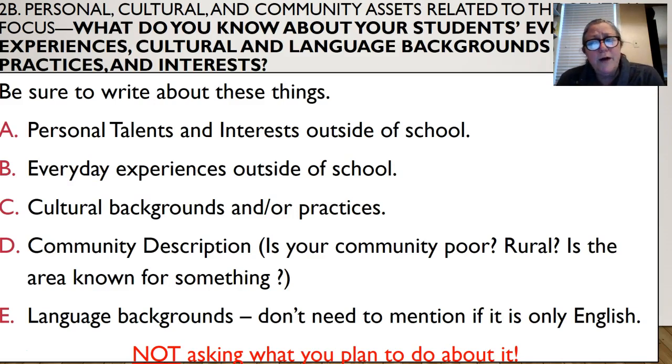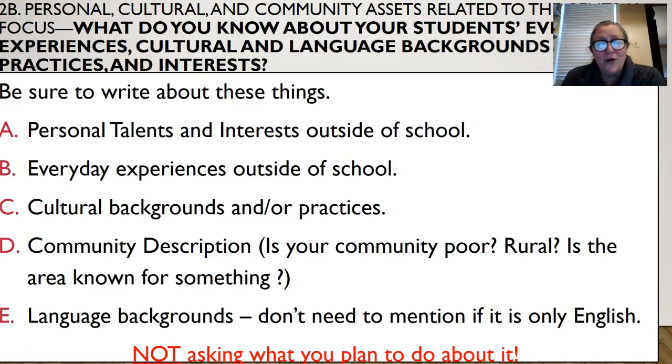But that's not what we're talking about. We're talking about what kind of experiences do they have outside of school? That way we can make their learning more relevant to their lives, because their lives aren't in school. So you want everyday experiences outside of school.